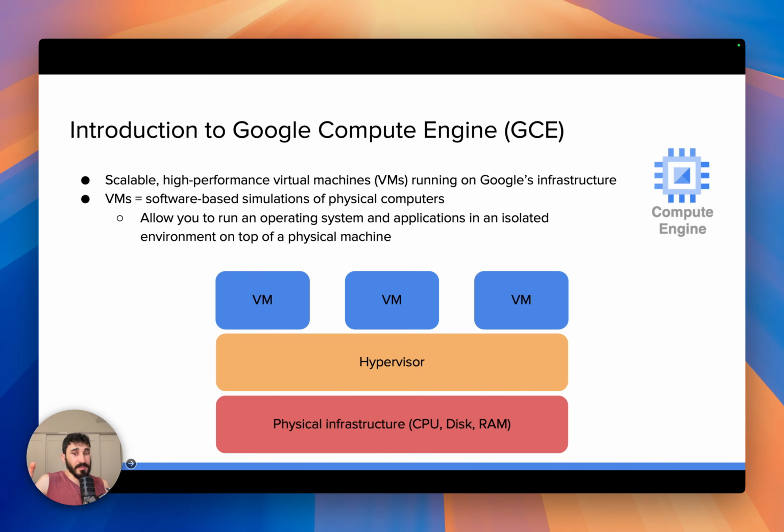And then on top of that, we've got the hypervisor. It's a piece of software that sits on top of the physical infrastructure and manages all of that, right? And manages the VMs. So you can think of it as like a conductor, right? It's basically saying, okay, out of all this CPU and disk and RAM, this is a VM. And here, Ben from GCP Study Hub, you get this VM, right?